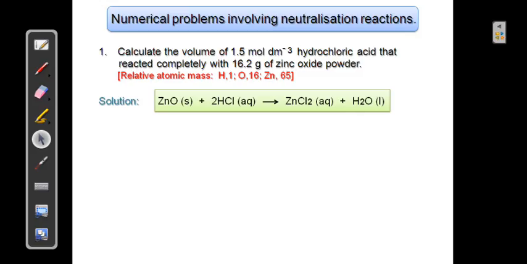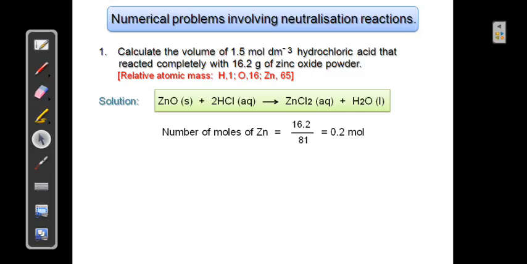So the number of moles of zinc oxide: you are given 16.2, but what is the atomic mass of zinc oxide? It has 81, so this is only 16.2, so part of a mole.